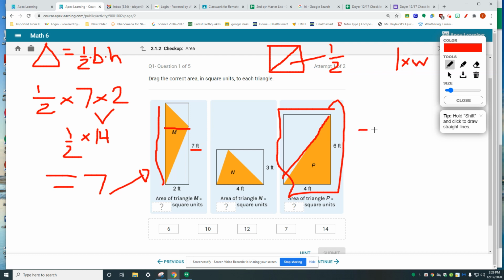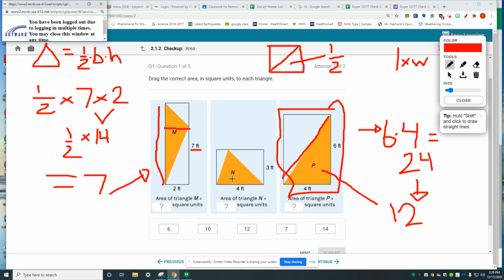So I'm going to multiply 6 times 4. And what's 6 times 4? 24. So the whole thing is 24, and the triangle is always half of that. So what's half of 24? 12. Okay, so that's going to be that one.